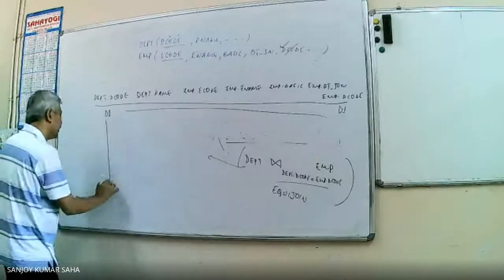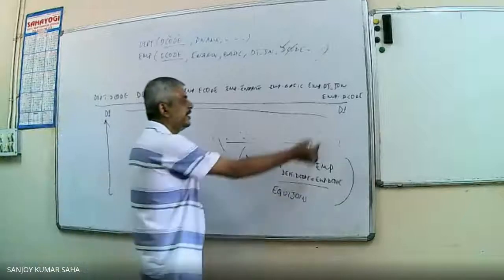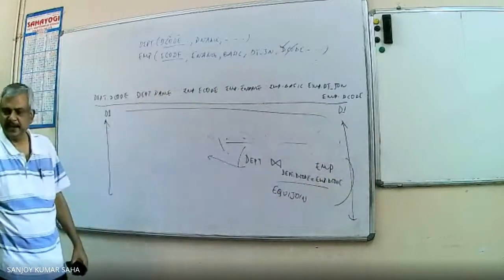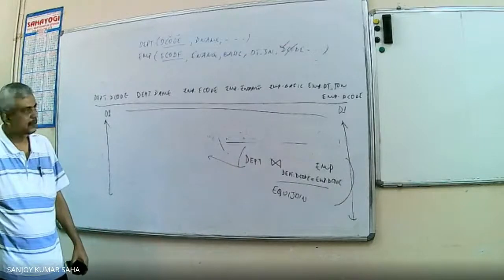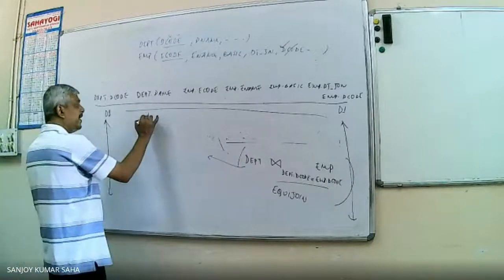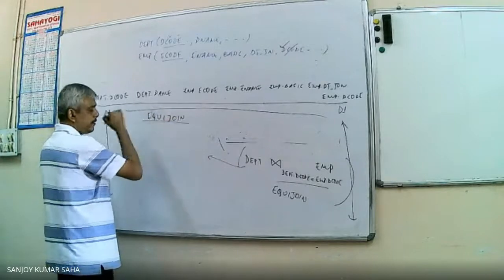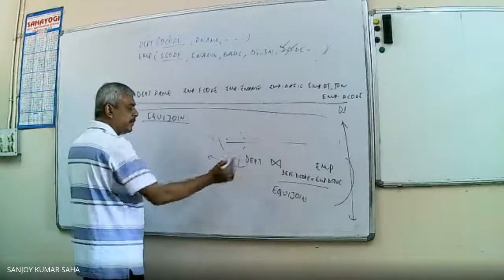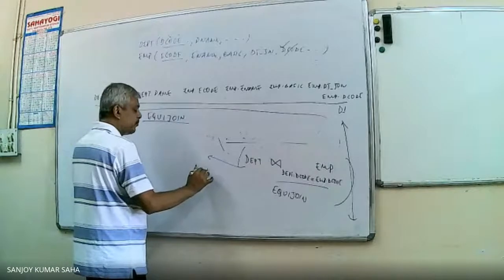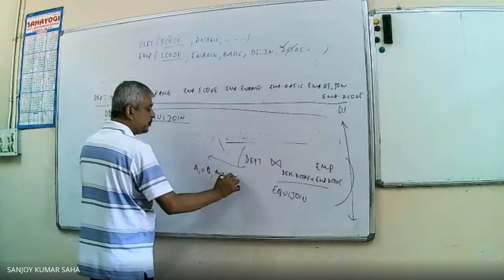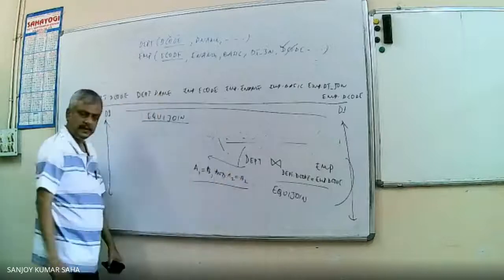So under this column, the information that we are getting, and under this column, we are getting the same information, so redundancy. So in case of equijoin, there may be multiple attributes, say A1 equals B1 and A2 equals B2, etc.